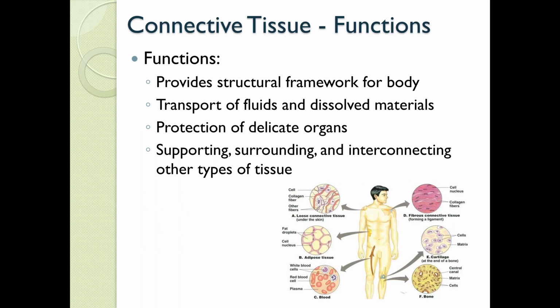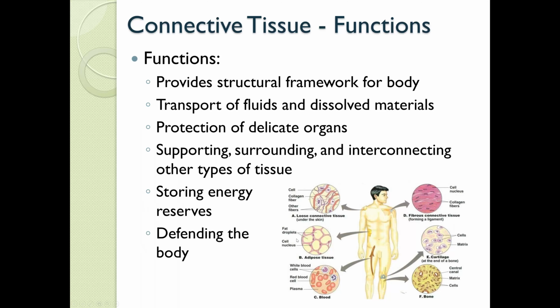So think of it like the packing material that you put into a box to fill the empty spaces. It can also store energy reserves, and another example of this would be adipose tissue, or your fat tissue. And it can play a role in defending the body. So again, your blood, which contains a lot of your white blood cells, is a connective tissue.